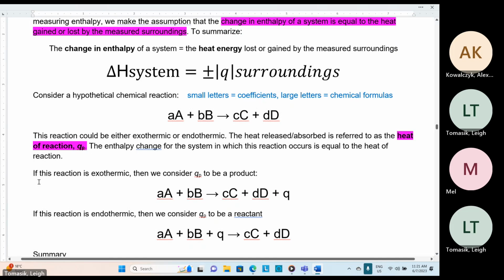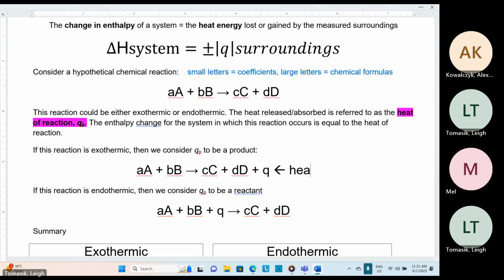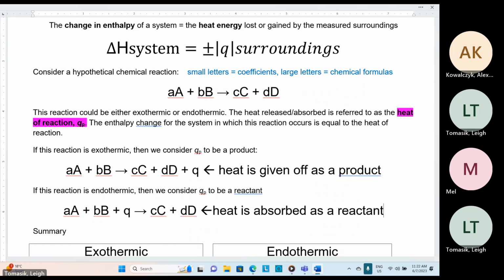So if this reaction is exothermic, then we consider the heat of reaction to be a product, right? If something is exothermic, it gives off heat. So our heat is given off as a product, right? But if it's endothermic, the heat is absorbed as a reactant.